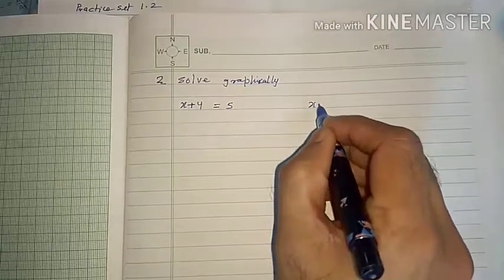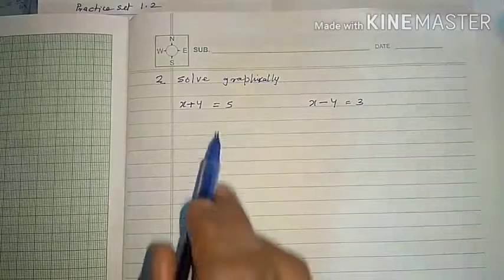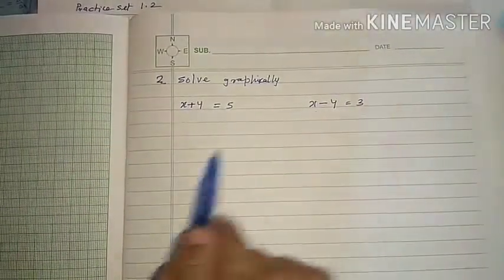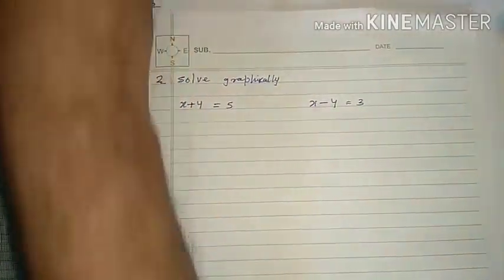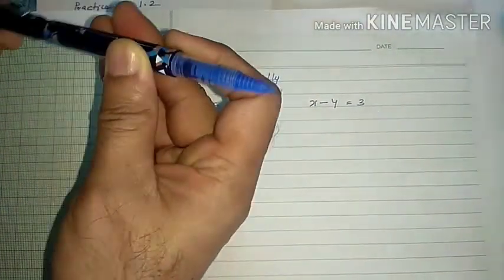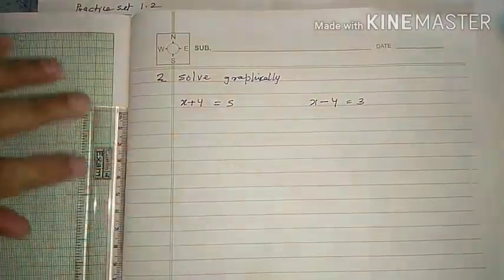The other is x minus y equal to 3. These are two straight lines. We have to solve them graphically. To draw a graph, we should have 3 points. At least 2 points we take.